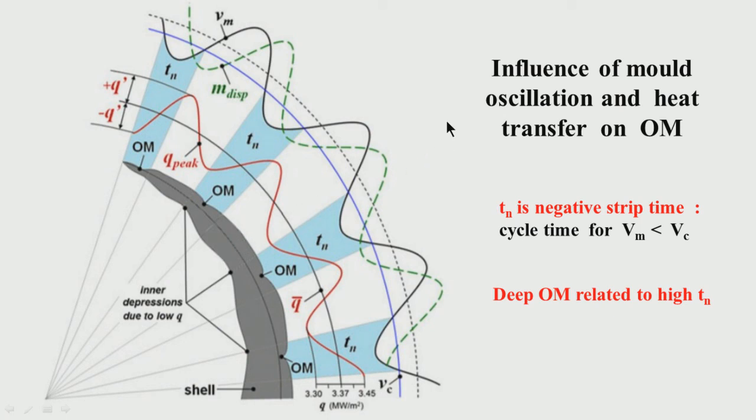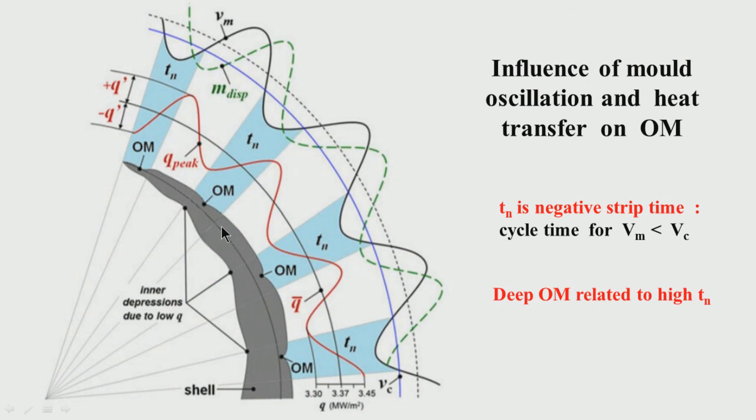So, there is a limit of increase in the casting speed, but within that limit, if you operate at the higher range of the casting speed, within that safe limit, you cannot go to very high casting speed, because then the shell will be thin, and because of the lot of strains and stresses which are forming on the shell, there might be rupture of shell. So, that is not desirable.